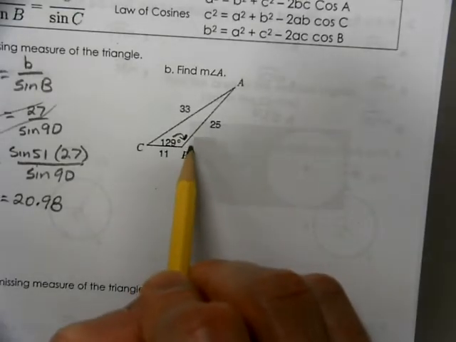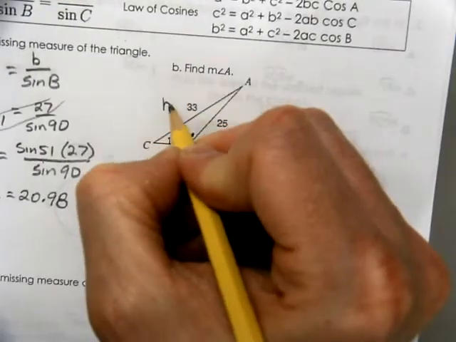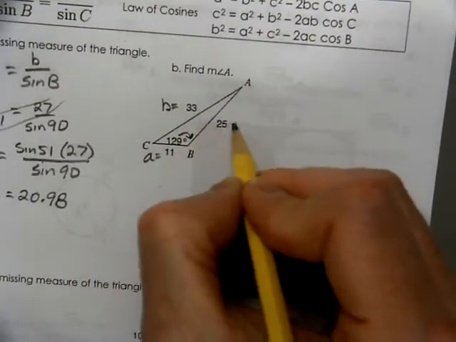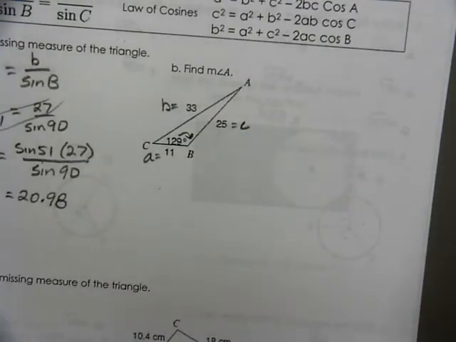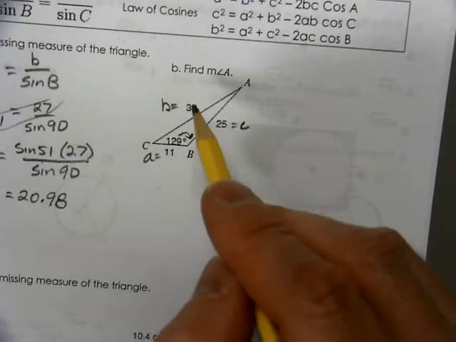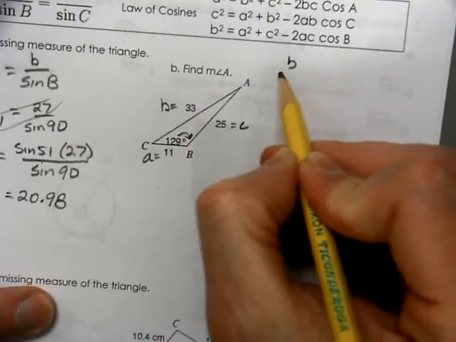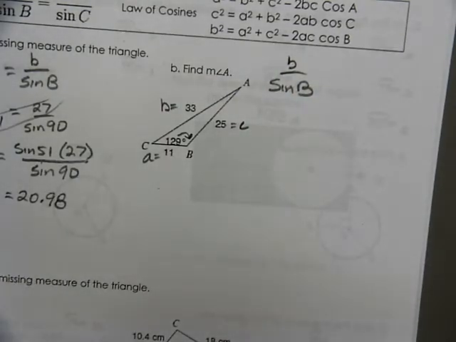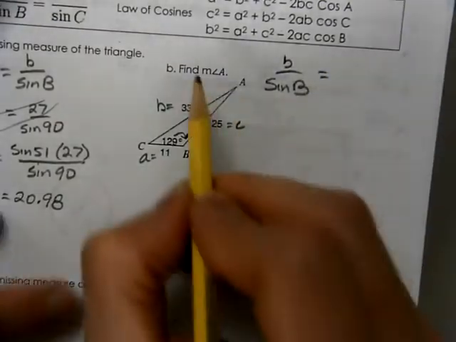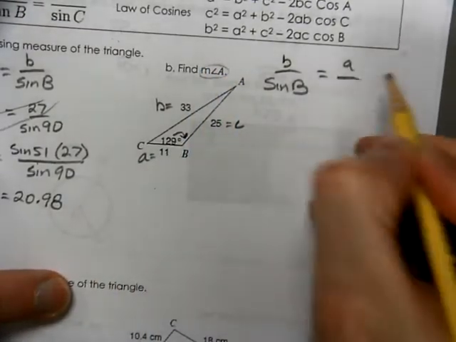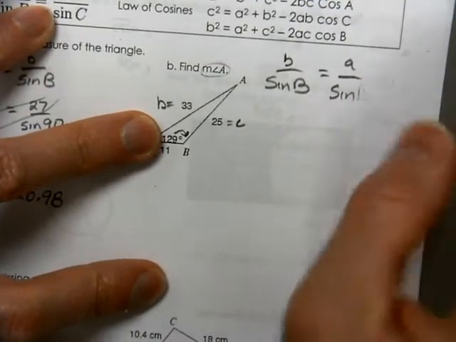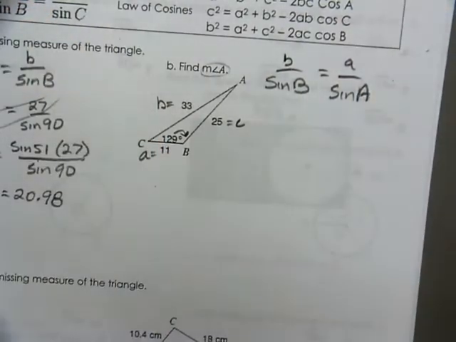We know angle B and we know side B. Side B is across from angle B. Side A is across from angle A. And side C is across from angle C. So of course, we know the 129 and we know the 33, so we have to use the fraction that has B in it, and the other fraction we're going to use to solve for A has to, of course, be the fraction with the angle A in it.